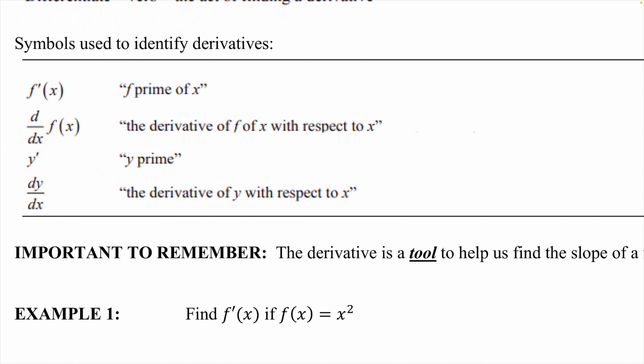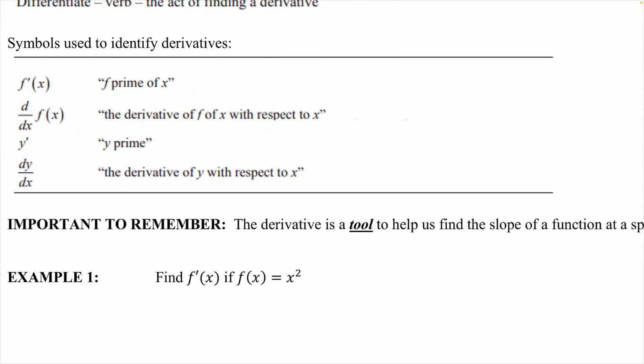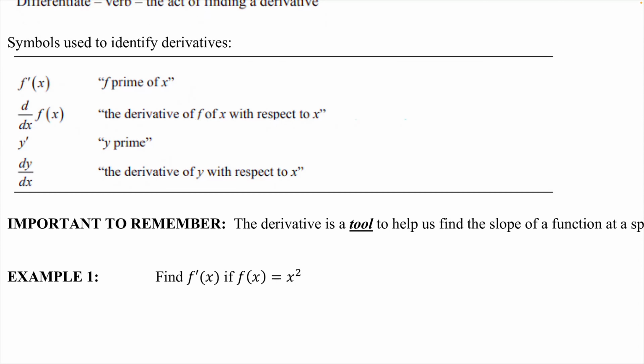So I'm going to show you a couple things though. First thing, the dy over dx. So this guy, this guy, this guy, and that guy. The yellow ones mean here is the derivative. Okay, so this is the derivative.